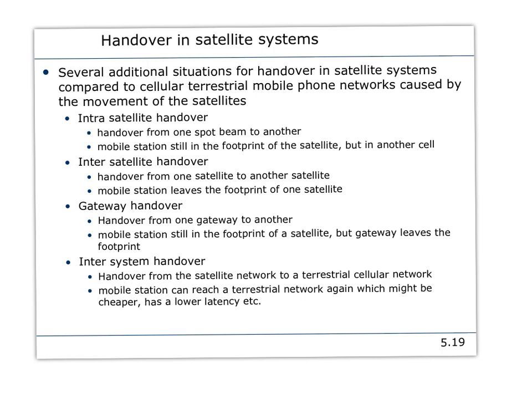And you have the inter-satellite handover, so handover from one satellite to another. In that case, the mobile station leaves the footprint of one satellite completely. And that's due to sometimes the movement of the mobile user or the movement of the satellite itself. Like I could be moving in this direction, and the satellite is moving in that direction.